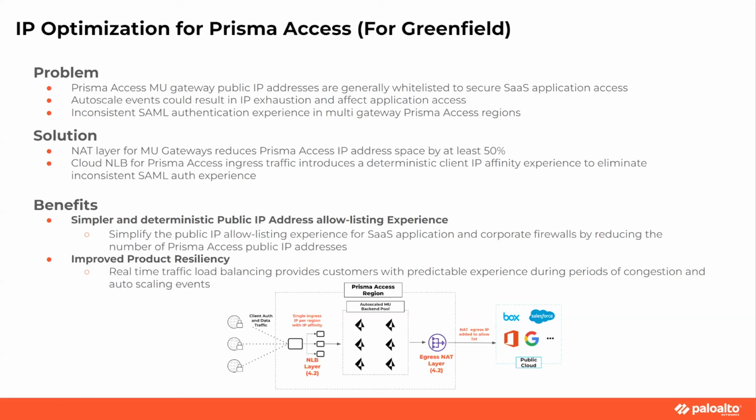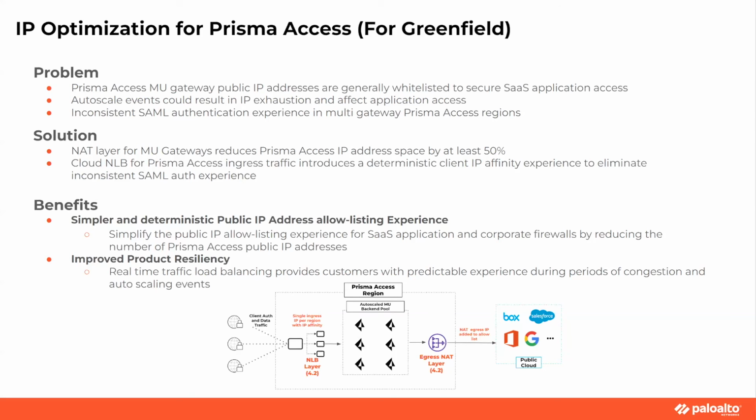We understand today, the whitelist experience for SaaS applications might be a little bit cumbersome, and by introducing this NAT layer for MU gateways, that will reduce the IP address space by at least 50%. So it will allow you to simplify that process.